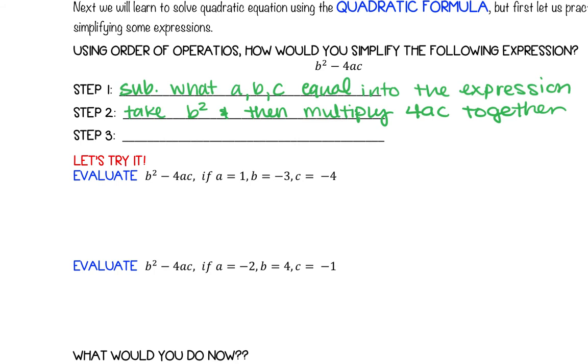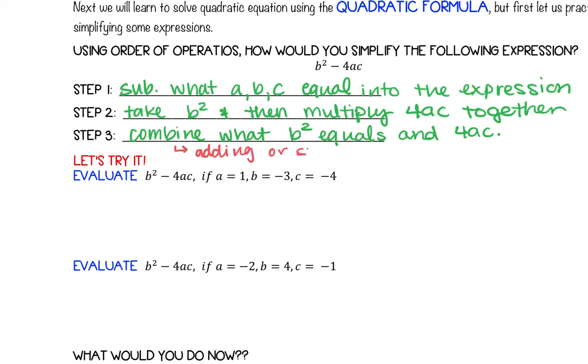Step 3 is to combine what b squared equals and 4ac. When we say combine, you need to watch your signs because you could be adding or subtracting. So it's really important that in that third step you are watching your signs.